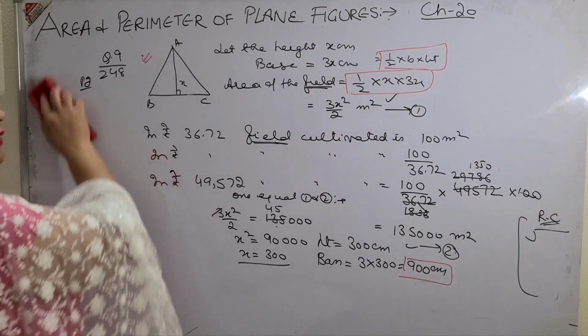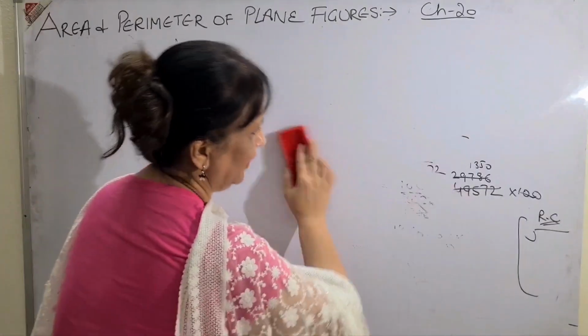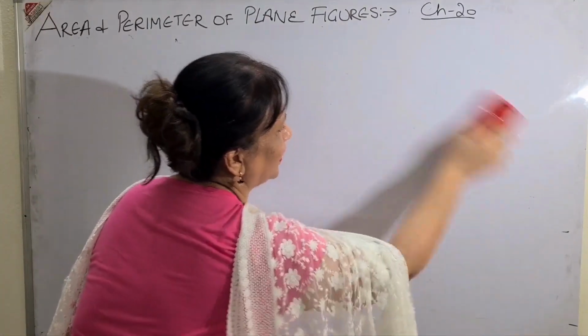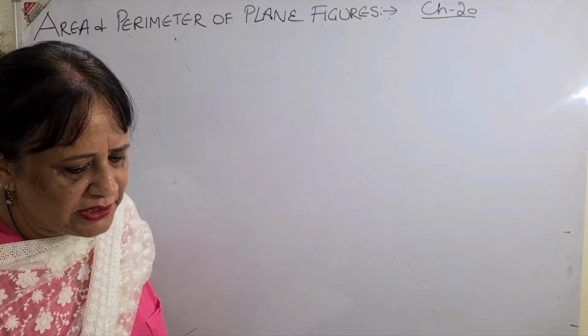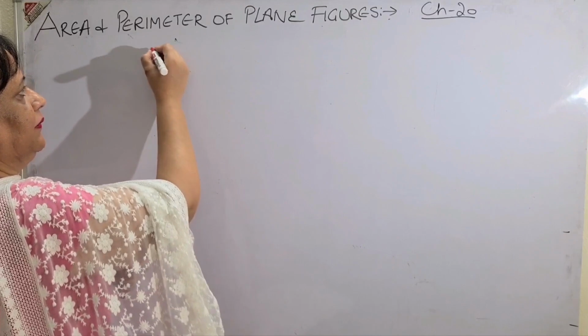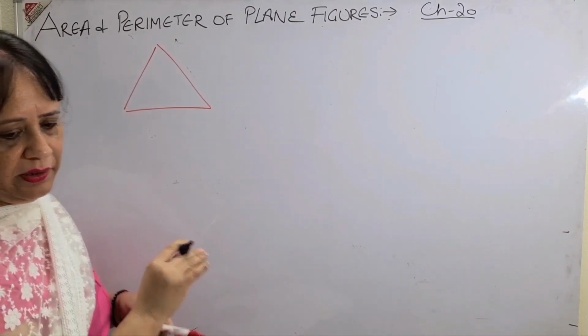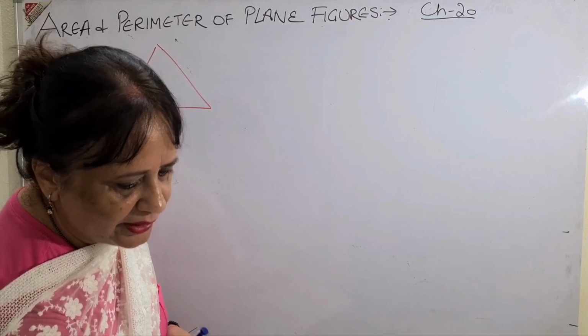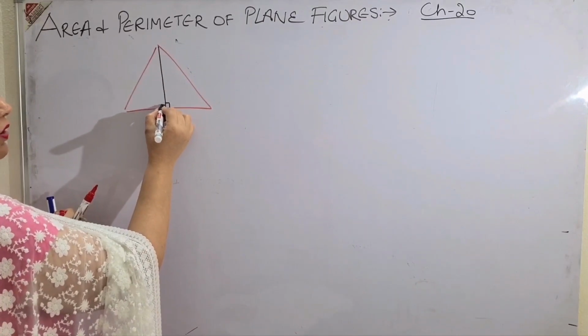Now, come to question number 11, same exercise. A very easy sum, just understand the language. I am reading the question: each of the equal sides of an isosceles triangle is 4 centimeter greater than its height. So again, height means perpendicular.